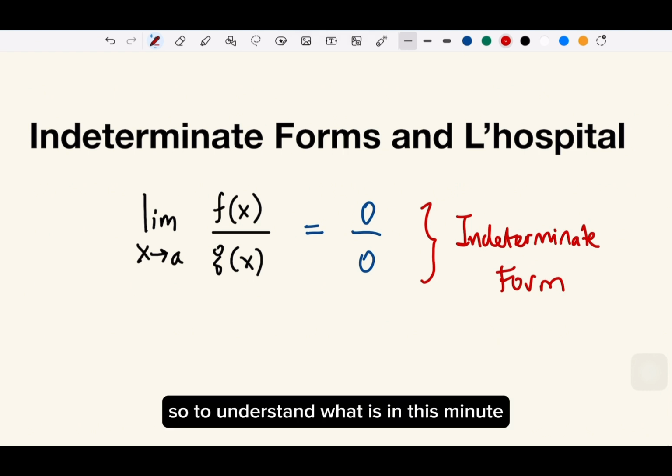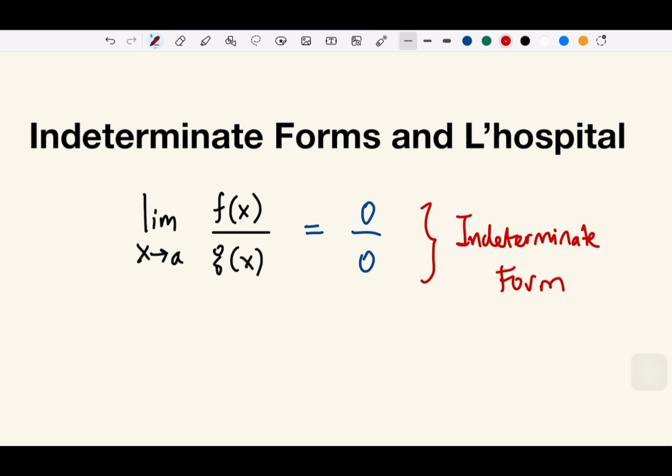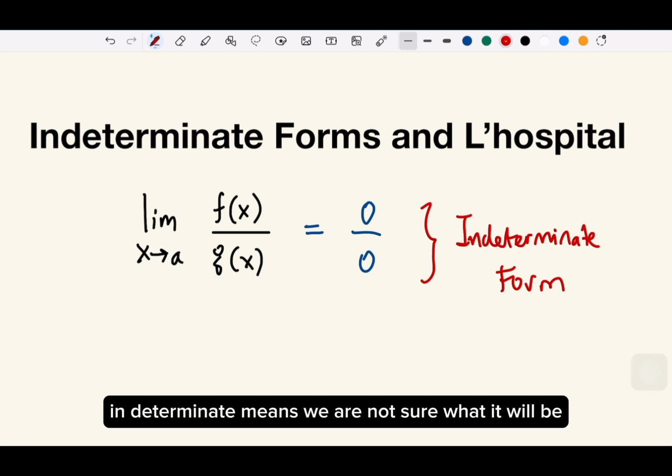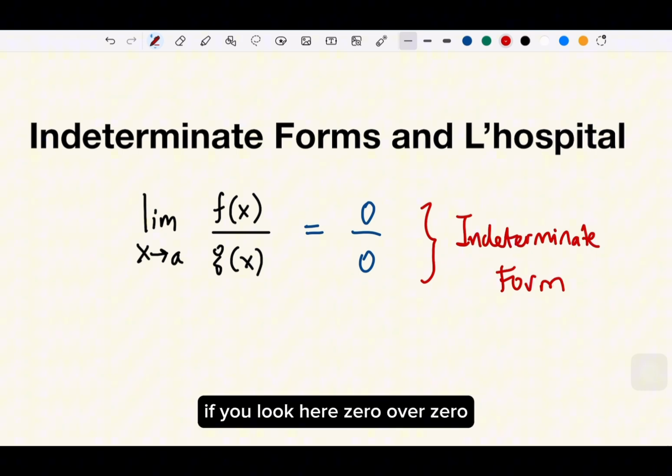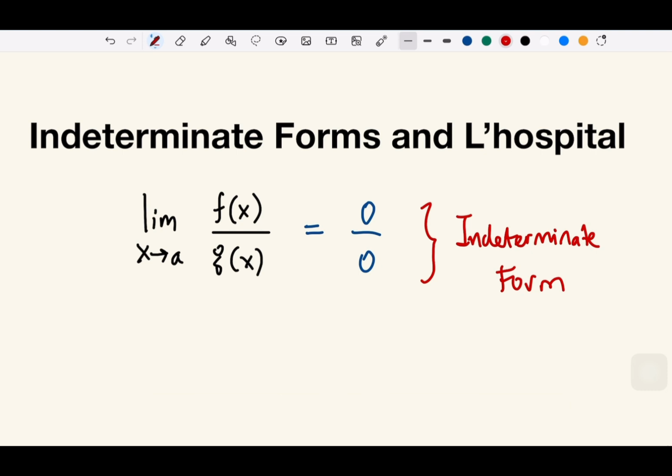So to understand what is indeterminate, we can just look at the word. Determinate means to describe or to determine something, right? Indeterminate means we are not sure what it will be. For example, let's look here, 0 over 0.